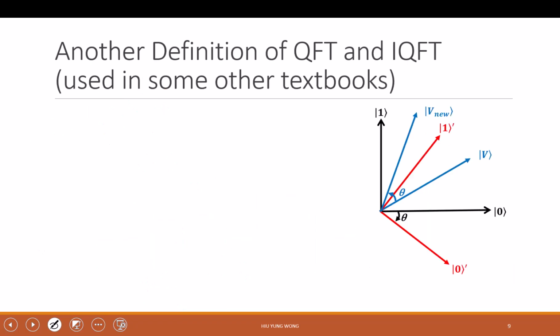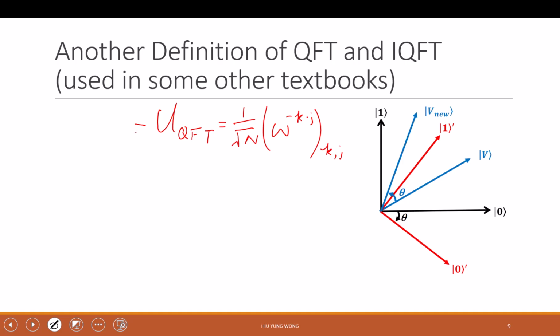Okay, I just want to say something about the quantum Fourier transform again. Last time I already said it: for our quantum Fourier transform, QFT, we define it as 1 over square root n, and then the matrix is omega to the power negative kj, for the kth row, jth column, right?